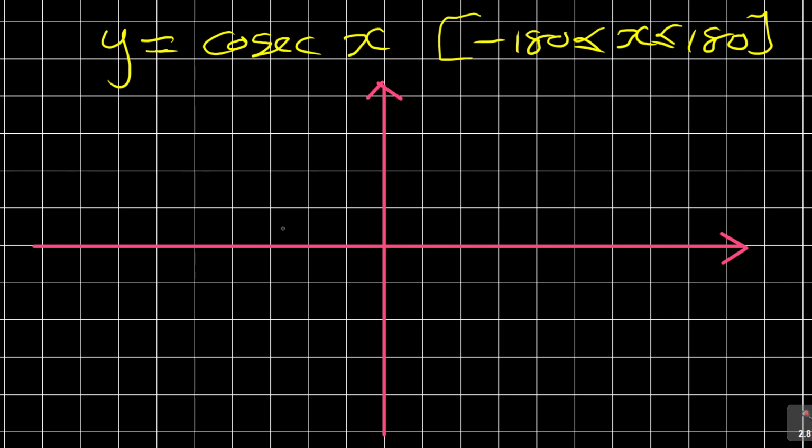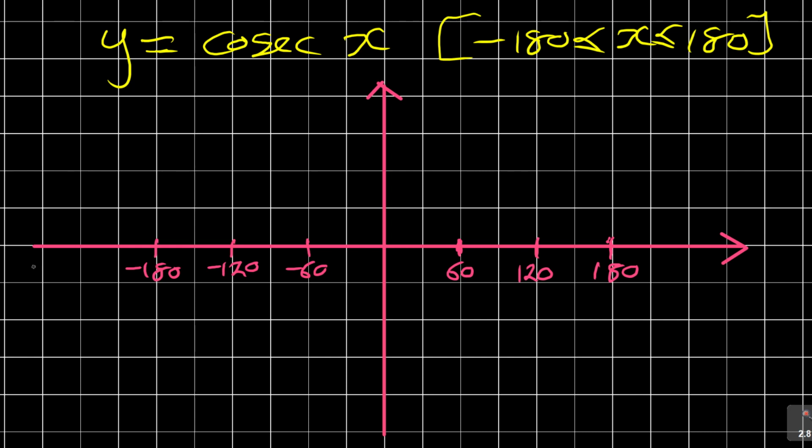Alright, and then from here I will use this to say 30, 60, 90, 120, 150 and 180. And then I do the same thing here: minus 30, minus 60, minus 120, and minus 180. That's what they said.